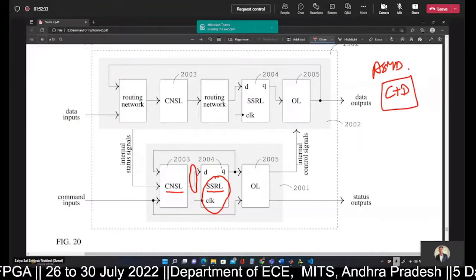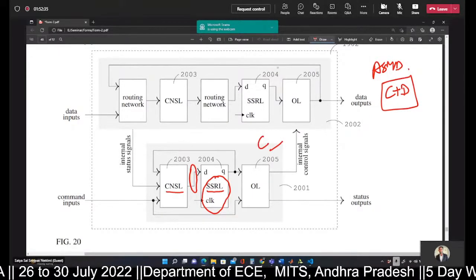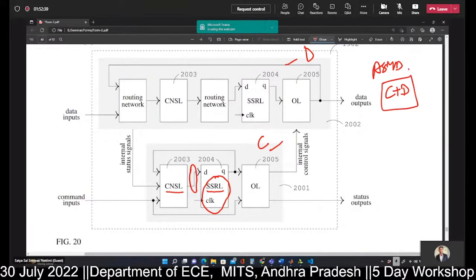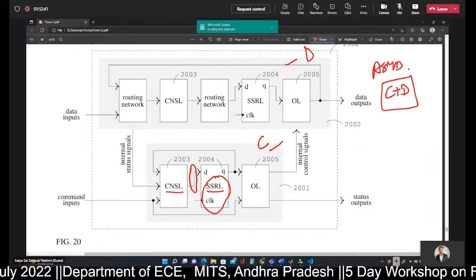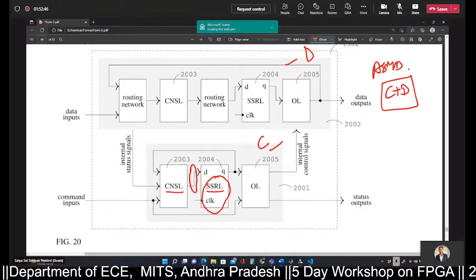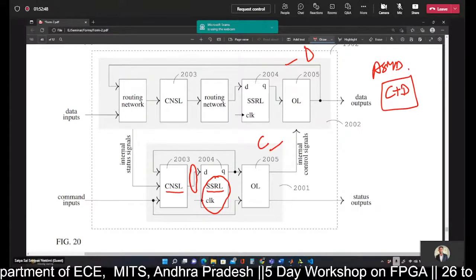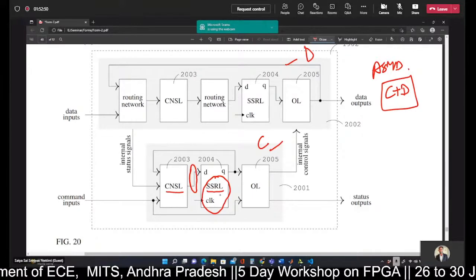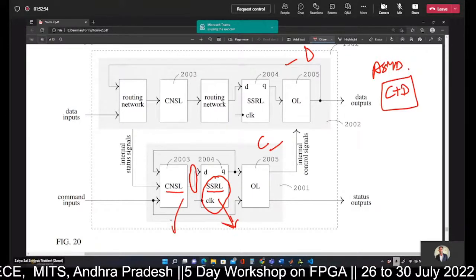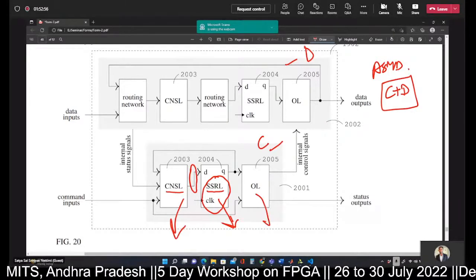In the diagram this is the control part and this is the data part, but they are not separable; for illustration we have shown two separate entities, but actually they are integrated. Now we need to write the description for the sequential state register logic, combinational next state logic and the output logic.